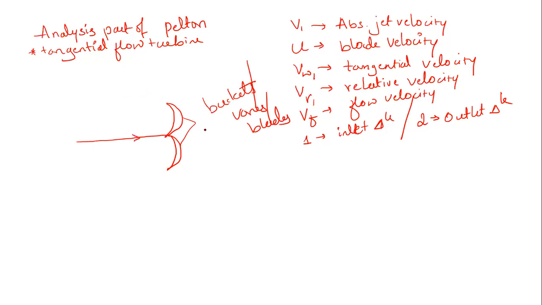This is called a splitter. Here I'll split this as U1, VR1, and this is V1 equal to VW1. So this is your inlet velocity triangle.